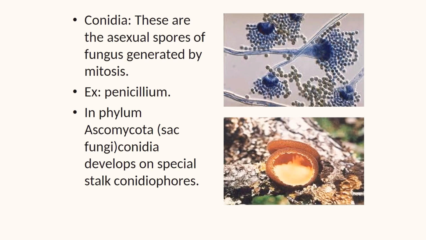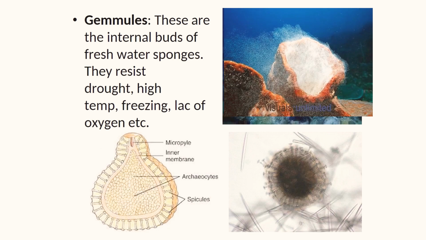In phylum Ascomycota, conidia develop on special stalks, the conidiophores. Gemmules. These are the internal buds of freshwater sponges. They resist drought, high temperature, freezing, lack of oxygen, etc.